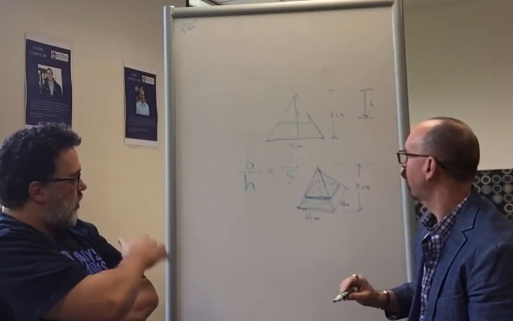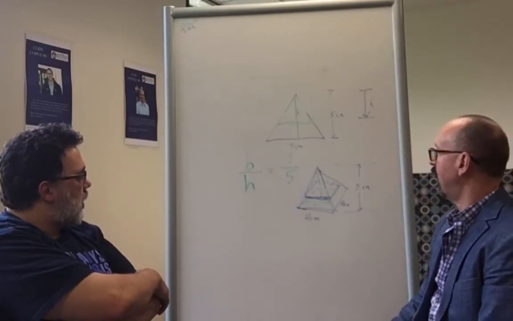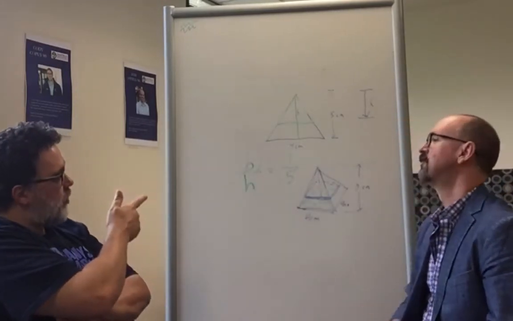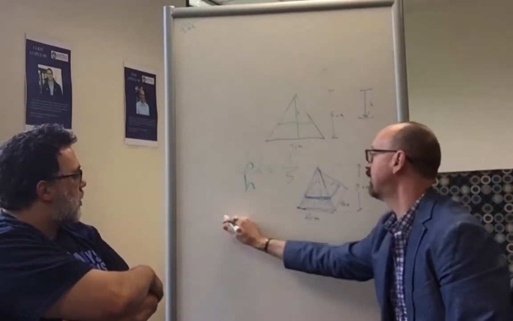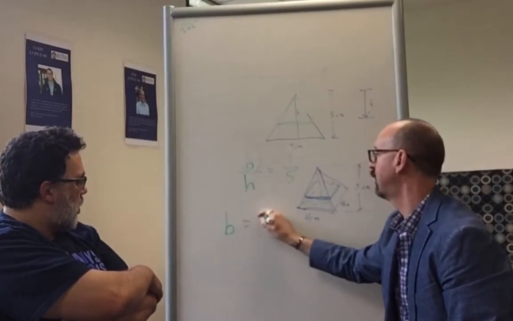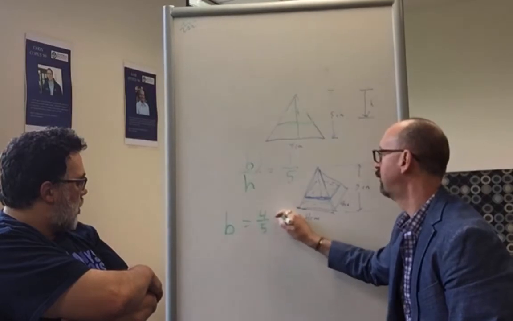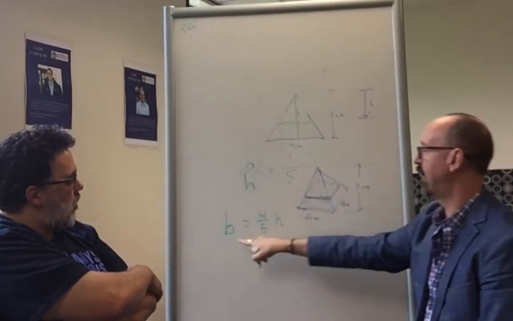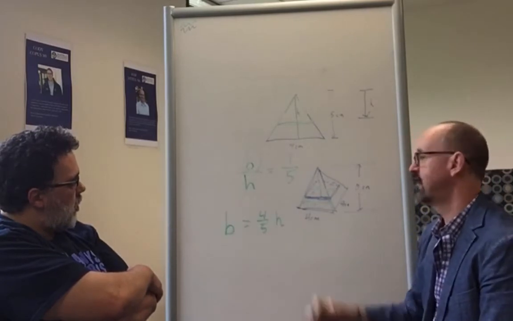So corresponding parts. So how does this help? Because we were looking for b. So now I have a formula for, at any particular value of h, by multiplying both sides of this equation by h, that b is equal to 4/5 h.